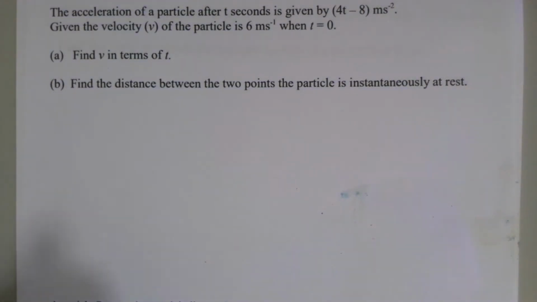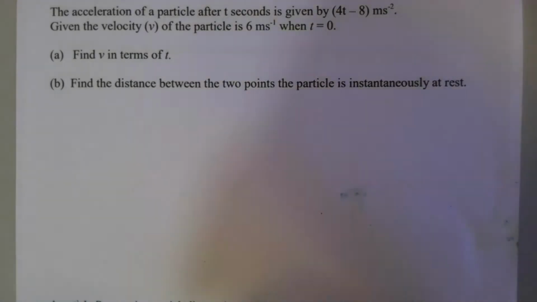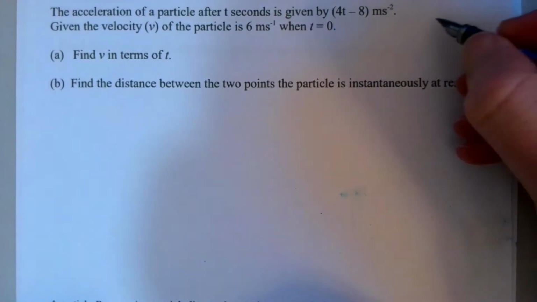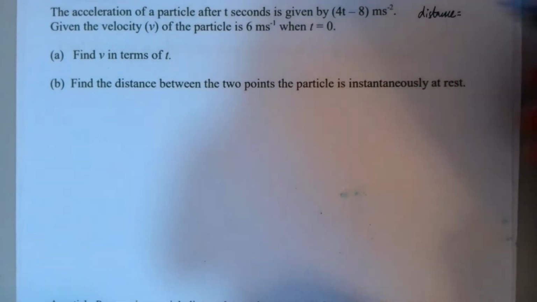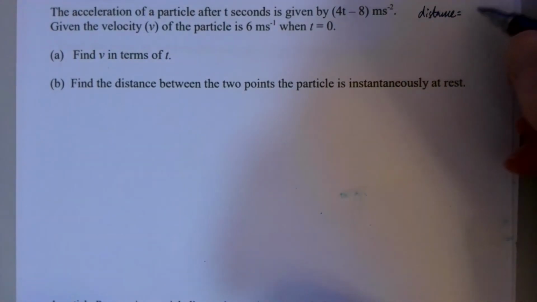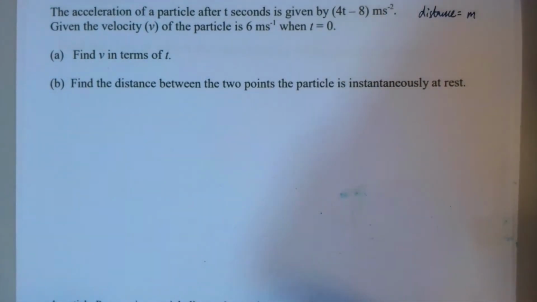Right, so when we're looking at variable acceleration, we've got 3 things we need to think about. We've got distance, and in order to remember what to do, think about the unit. So the distance is in meters.